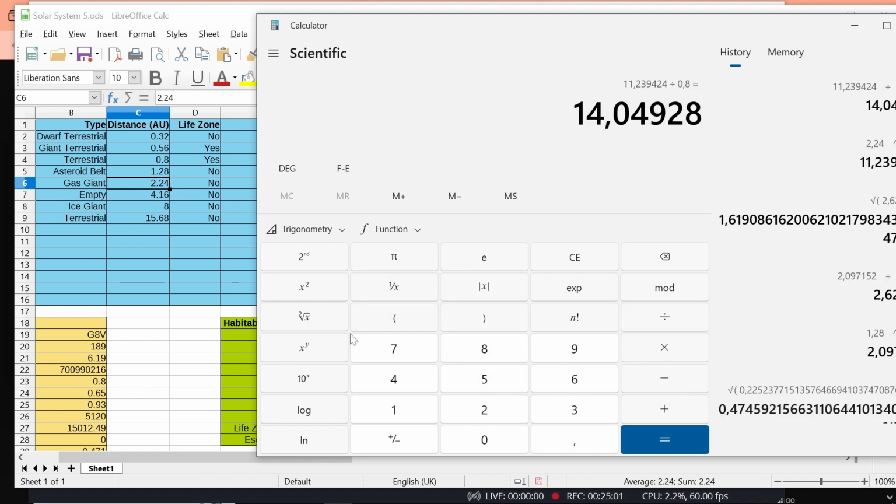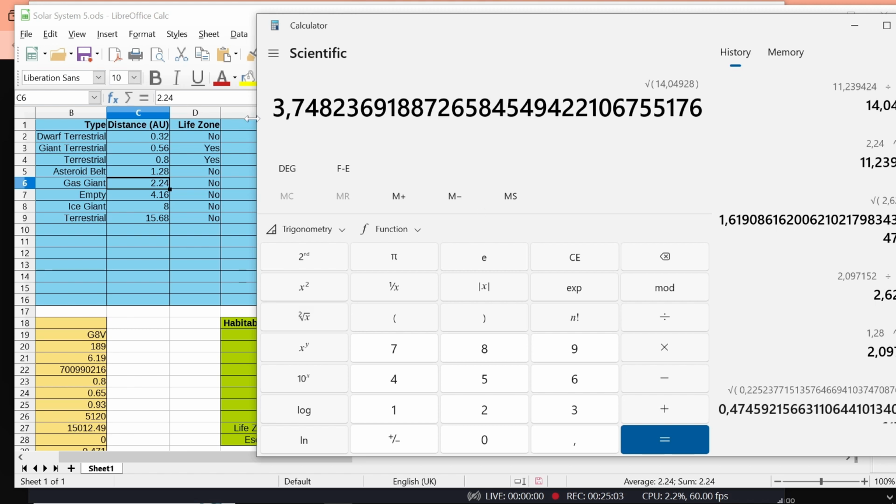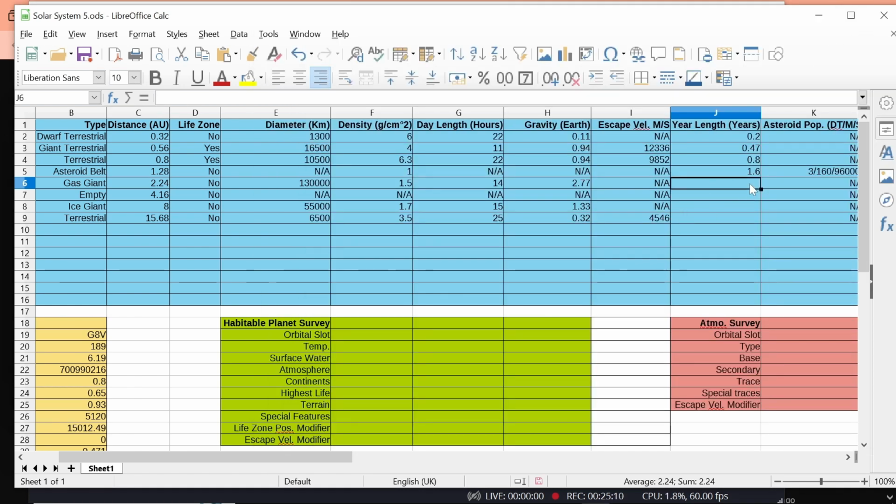Take the square root of that, and we have 3.74. I will simply write in 3.7 years for the gas giant to go around the sun. Empty, we could calculate, but that makes no sense really. We know the distance of empty space.